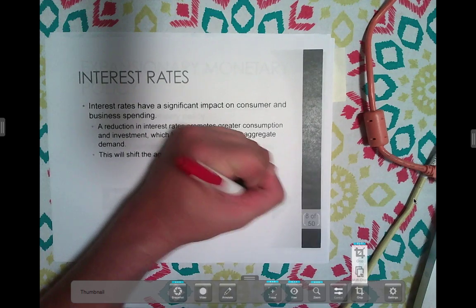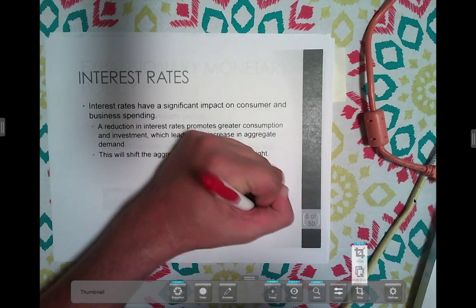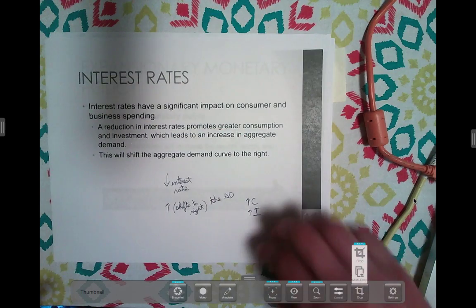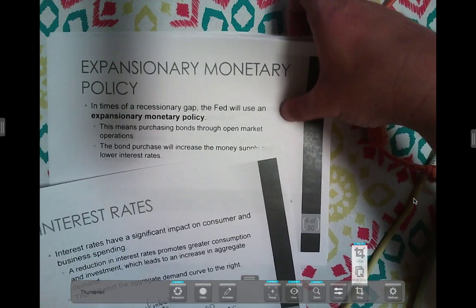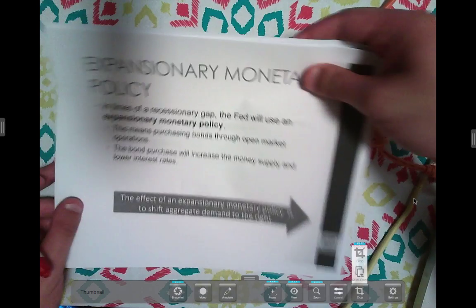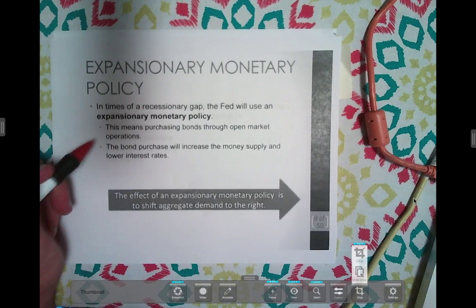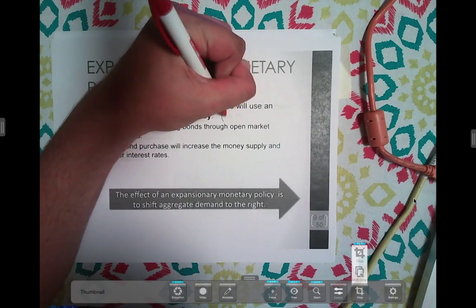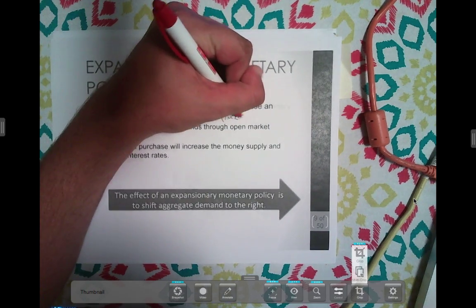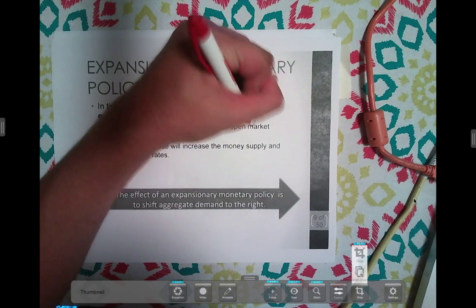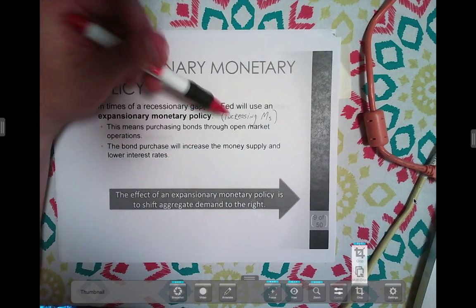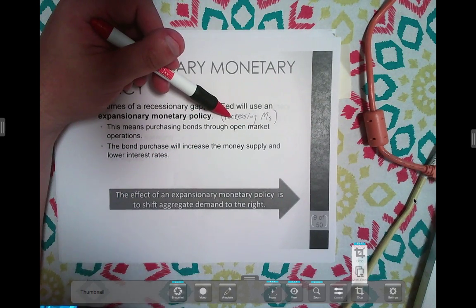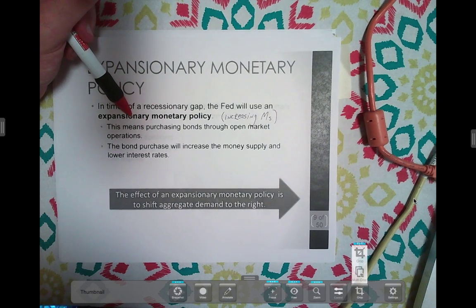Because what's happening here is that consumption goes up, businesses invest more. And that's exactly what we see with the expansionary monetary policy that we talked about in the previous chapter. Expansionary monetary policy means increasing the money supply. So if what the Federal Reserve is doing has any impact on the money supply and it increases it, then it is expansionary policy.